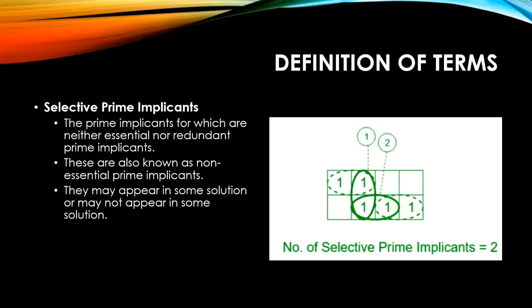So if we have a selective prime implicant in our solution, it's up to you which group will be included in your final answer. In this example, we have two selective prime implicants and only one should be included in your final answer. It could be either this group or this group. So that's a selective prime implicant.